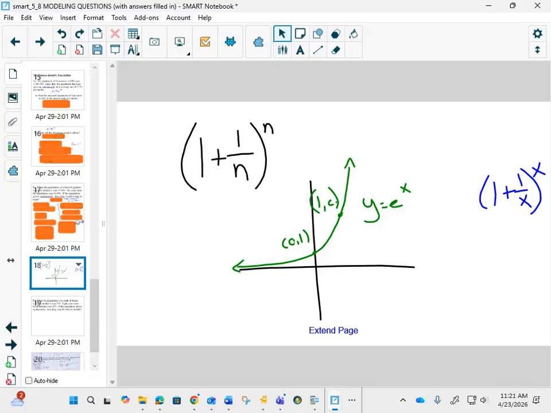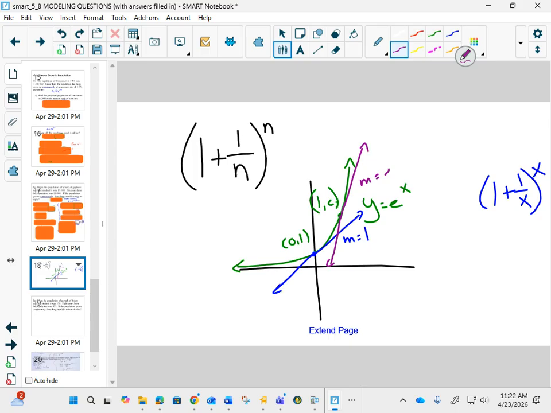What is a tangent line? A tangent line is if I pick this point right here and I draw a straight line that touches just that point on the graph. Calculus is about figuring out what's the slope of this tangent line. And for e to the x, at that point, it happens to be 1. At this point, it's got a steeper slope. Its slope happens to be e.